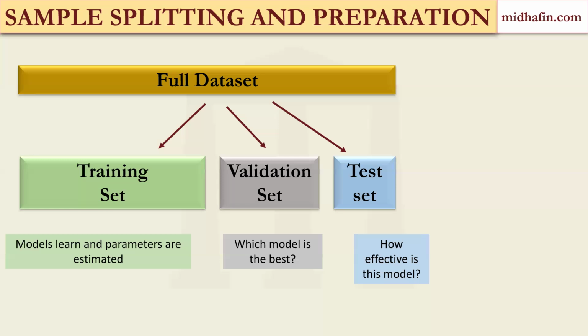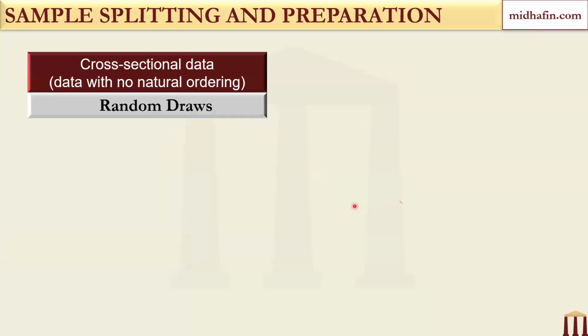It stands a good chance to work well on new unseen data, which is your ultimate goal. So what do you do? Train on the training set, tune and select using the validation set, and verify true performance using the test set.